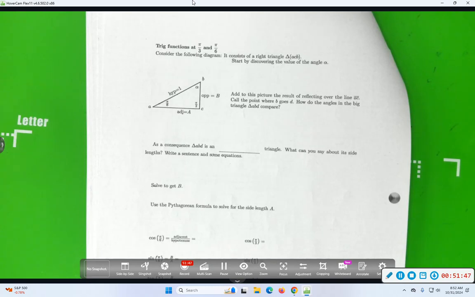Ooh, does it have the height? That was not so very different. Okay.